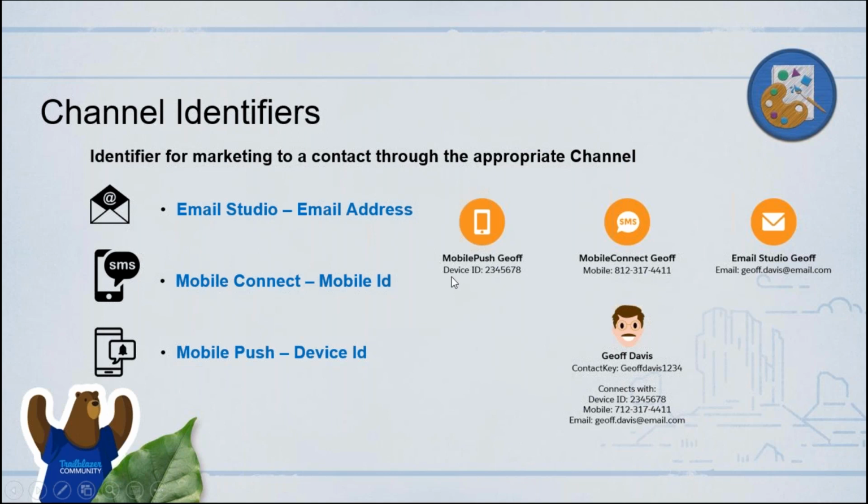If he's subscribed to push notifications, if he's got an app, then he has to provide a device ID. So these are the different identifiers that we will use from Marketing Cloud to send communications to Jeff. And you will identify this particular contact, Jeff, through this unique contact key, Jeff Davis 1234, across all the 3 channels. Just ignore there's a typo here. It actually should be 8.